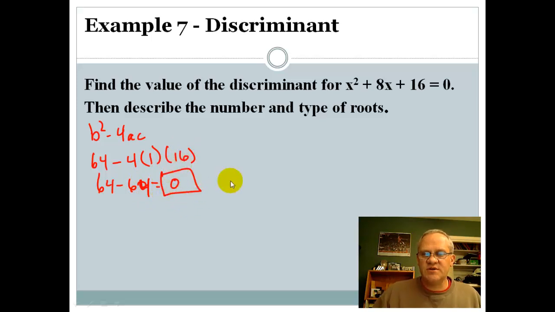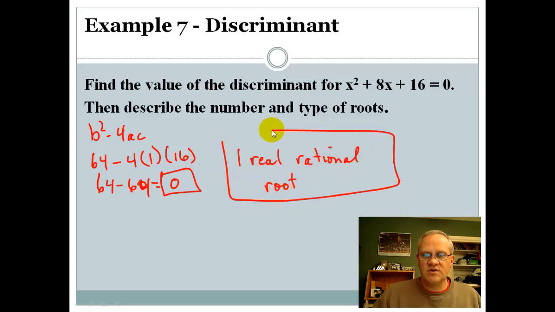So if the discriminant is 0, what do we get? We get 1 real rational root. Because remember, whenever we get 0, that takes away the square root part completely and takes away the plus or minus, so we only get 1 root.